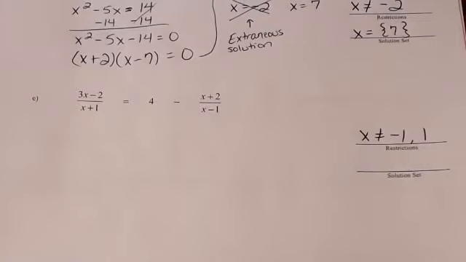Let's go with Christina. What is your LCD for this entire equation? What do you think? What's your LCD for the entire thing? Actually, I have a better question. What are your denominators?